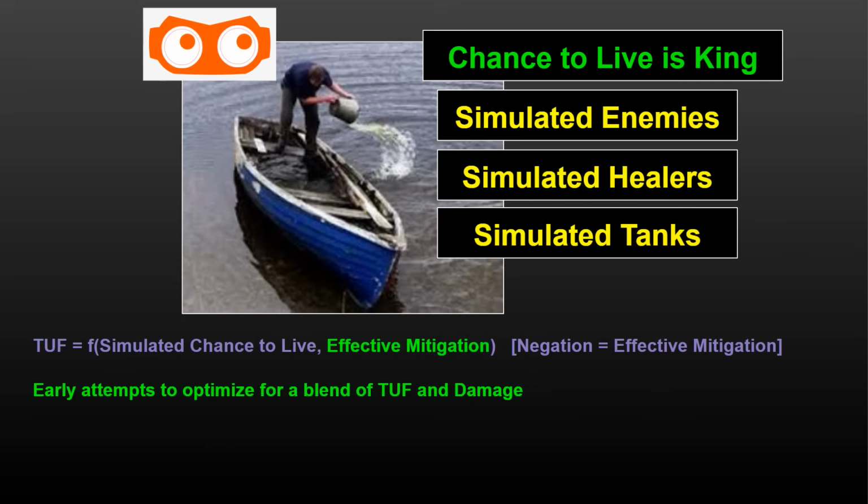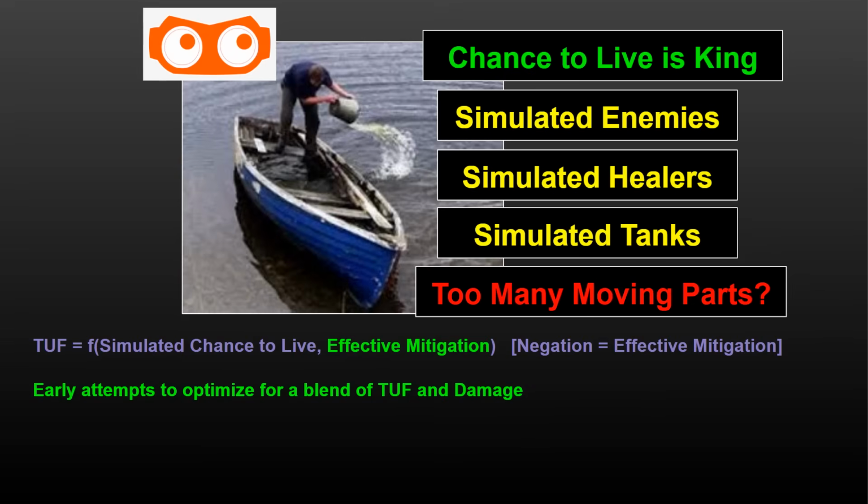This spits out a percentage between 0% and 100% that is meant to gauge your survivability effectiveness as a tank, that is based on a combination of how likely you were to die in this type of simulation and what proportion of incoming damage you ultimately mitigated. Trying to simulate all of these aspects is not inherently wrong, but we are dealing with a lot of moving parts for an output that is very specific to the inputs.